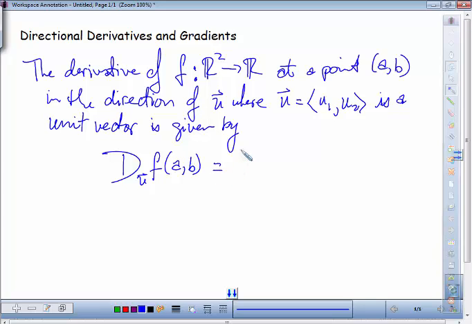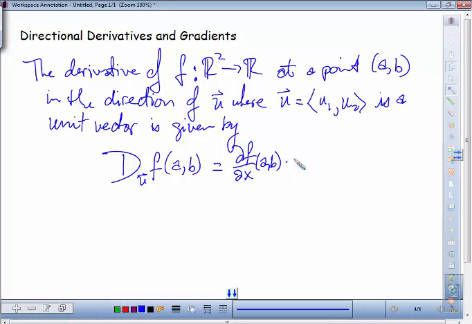And we'll write it, and you should look at this and say, oh, that kind of looks like a chain rule kind of thing. So we'll write it a couple different ways. We'll write it as the partial of f with respect to x evaluated at (a, b). And this little dot here is not the dot product, but just a regular multiplication, because the partial of f with respect to x at (a, b) is a scalar.